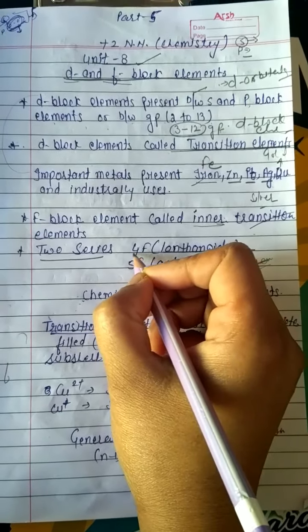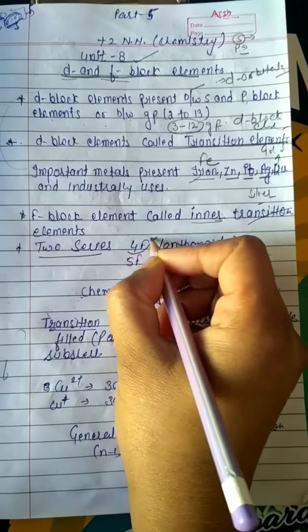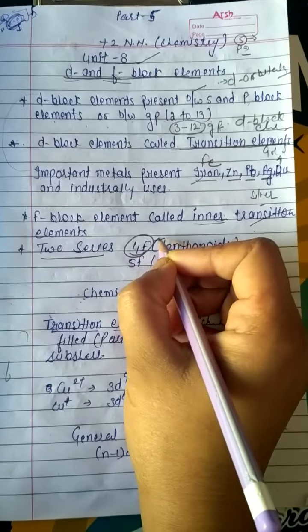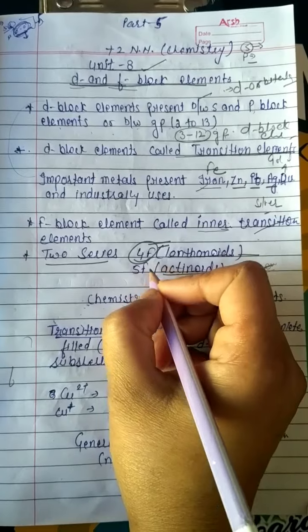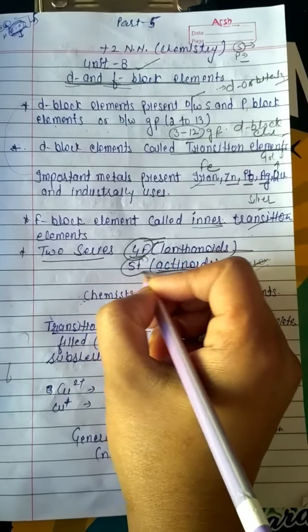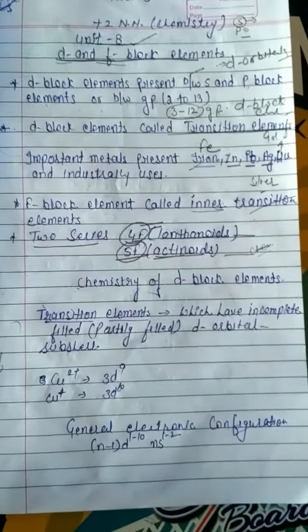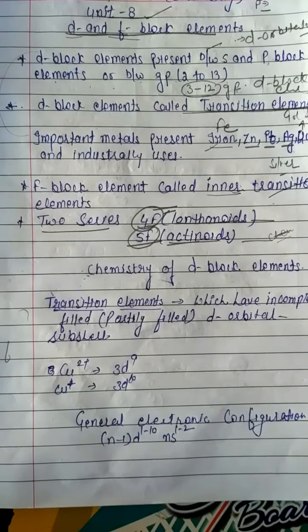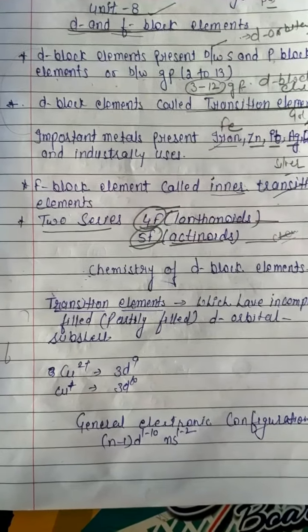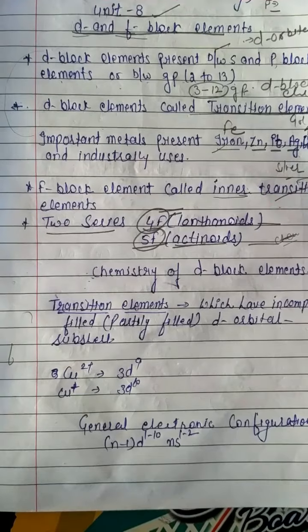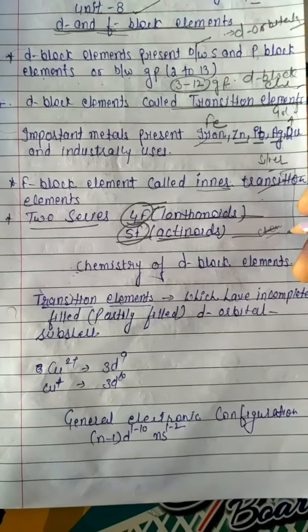In the lanthanoid series, we fill electrons in the 4f orbital, but in the actinide series we fill electrons in the 5f orbital. These are the general introduction about the F block elements.